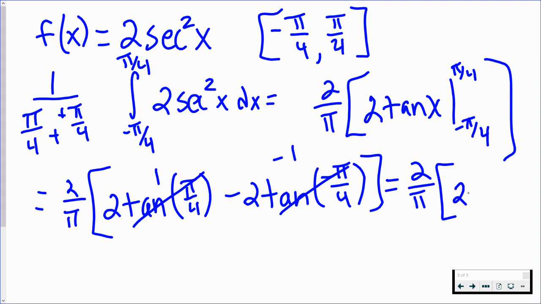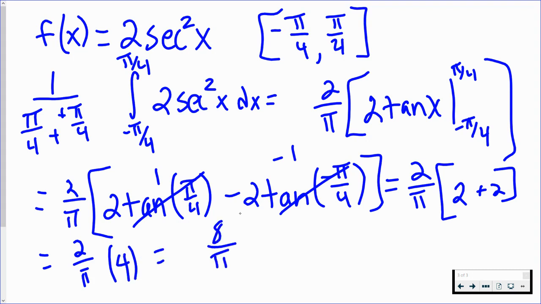So we have 2 minus a negative 2, so plus 2. That means we have 2 over pi times 4, which would be 8 over pi. So the average value of f of x equals 2 secant squared of x on the interval negative pi over 4 to pi over 4 is 8 over pi.